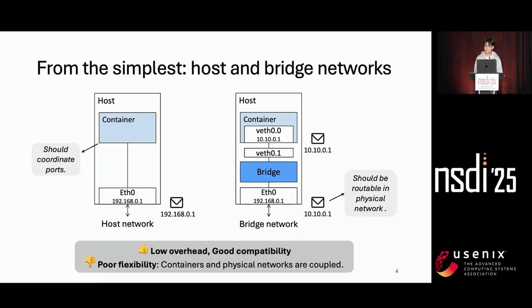However, these networks rely on the physical network to route the container IPs, which adds network configuration requirements. In conclusion, these networks tightly couple containers and physical networks, resulting in limited flexibility on either side.